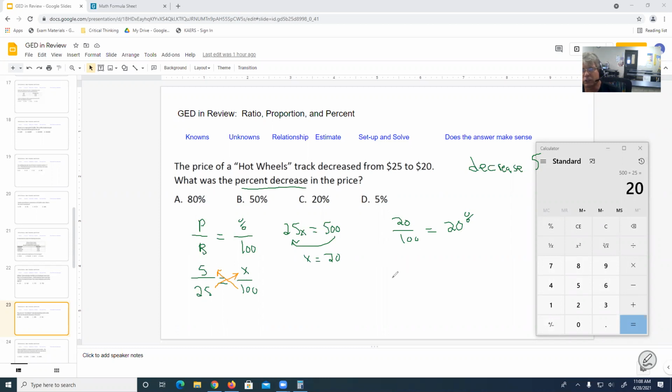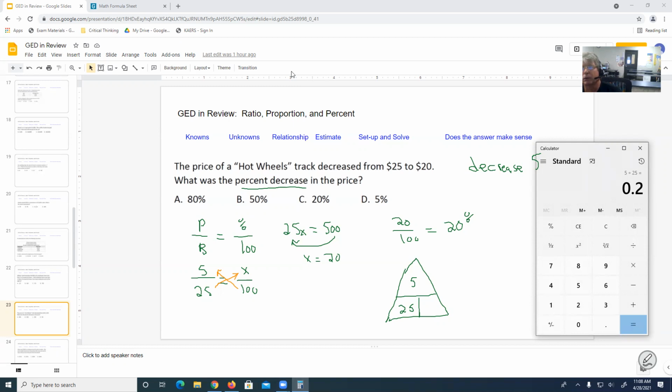So if you went the other direction, if you use the triangle model, the part would have been the 5, the base amount would have been the 25, and I would not have known this. So the triangle model would have said go 5 divided by 25. If I do that, 5 divided by 25, that's going to be 0.2.